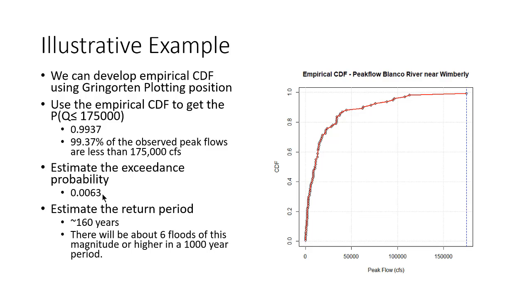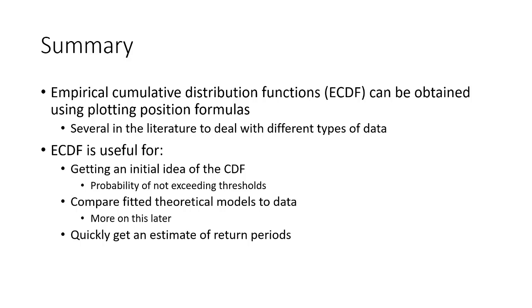Okay? But that doesn't mean that you will see these floods coming every 160 years like clockwork. It's very, very possible that the flow may be exceeded in 2 subsequent years. The flow may be exceeded in 2 subsequent months. So we need to keep that in mind when we interpret return periods.